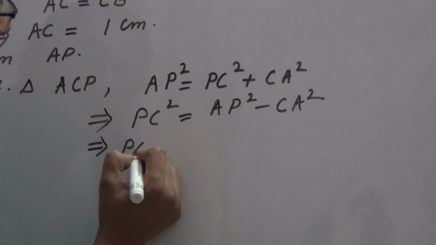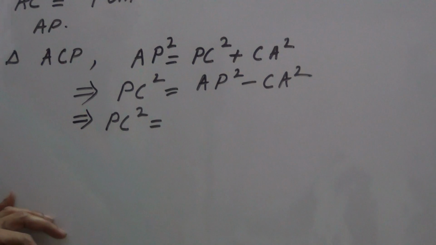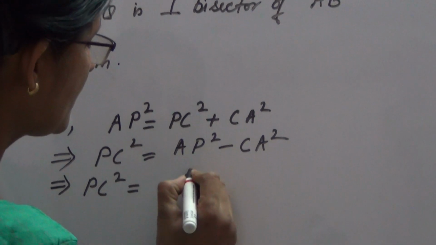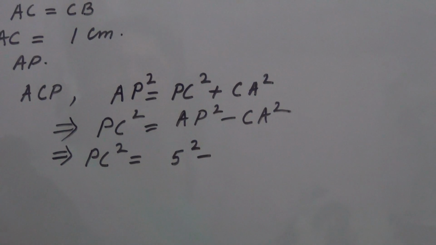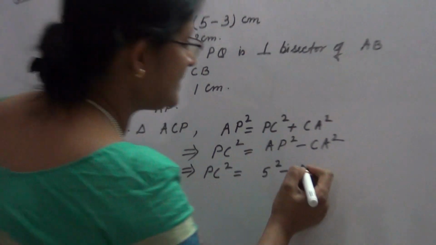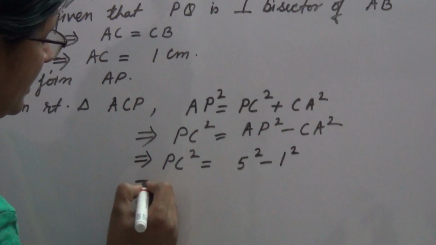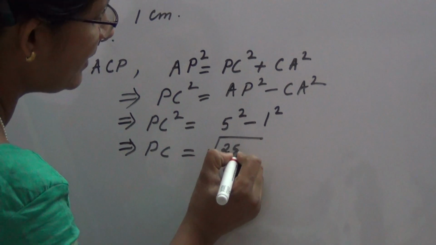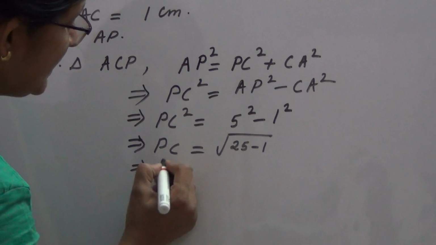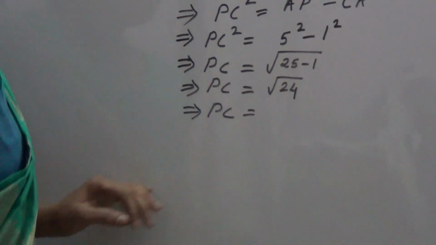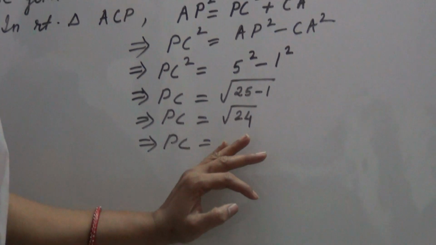This implies that PC square is equal to AP, it is 5 centimeter, and CA, it is 1 centimeter. Here we have already calculated the value of AC, it is 1 centimeter. Now this gives us PC is equal to square root of 25 minus 1. This implies that PC is equal to square root of 24. And now square root of 24 is equal to square root of 4 into 6.